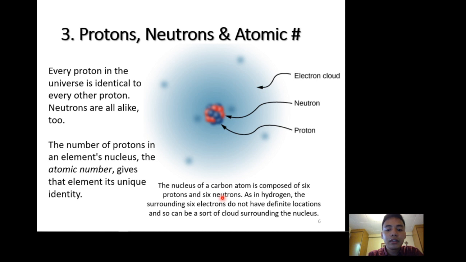Different elements have different numbers, such as 5 protons and 5 neutrons, surrounded by electrons that do not have definite locations and so form a sort of cloud surrounding the nucleus. So you have proton, neutron, and electron cloud. You understand what atomic number is already, and that gives the unique identity for an element.